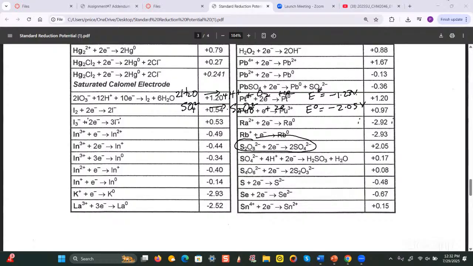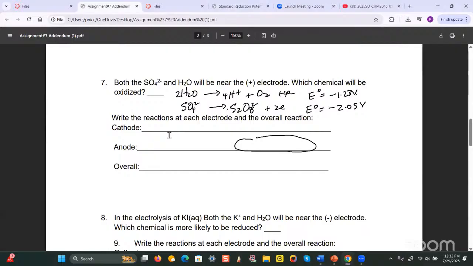So now that we have those two values, we can now answer the question, which was, which chemical will be oxidized? And again, we look at which one has the higher EMF value, or reduction potential, right? So between these two, which one is higher? Exactly. So water will undergo oxidation at the anode, right?